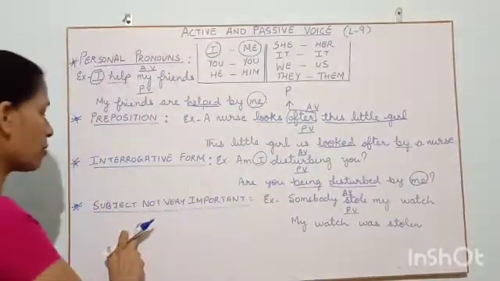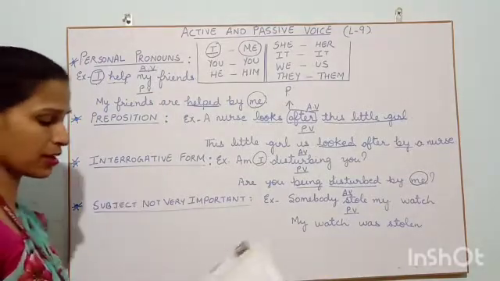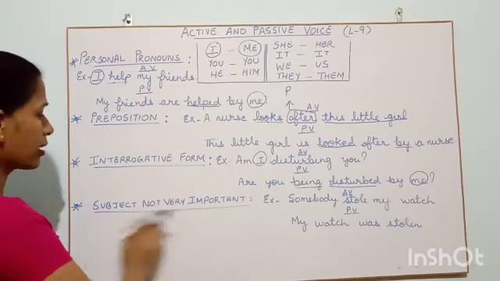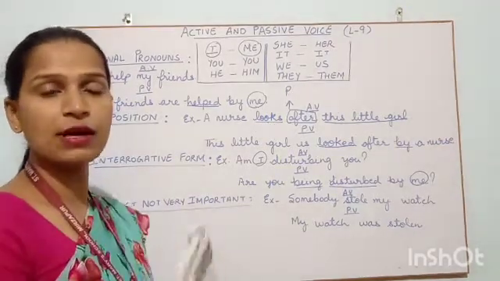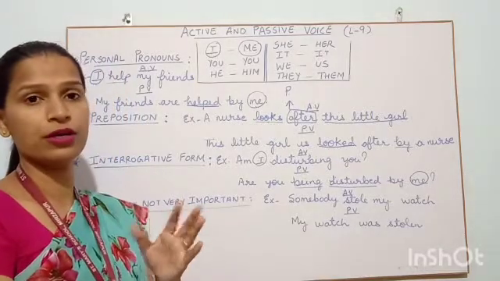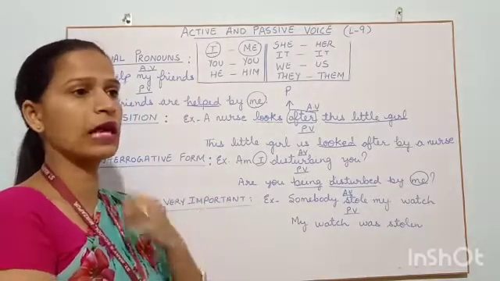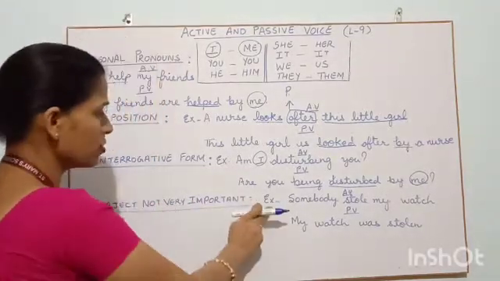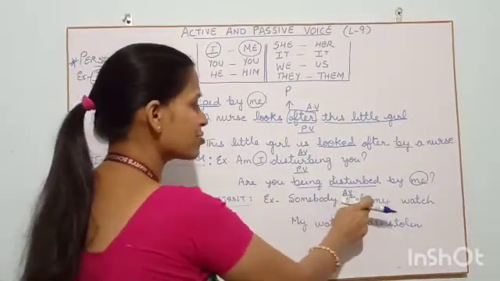When I am talking about the fourth point which is in the book, it says subject not very important. I have given a heading. If in the sentence, subject is not very important, it is not very important to tell you about the subject. Then what it can be? Suppose example 1, somebody stole my watch.